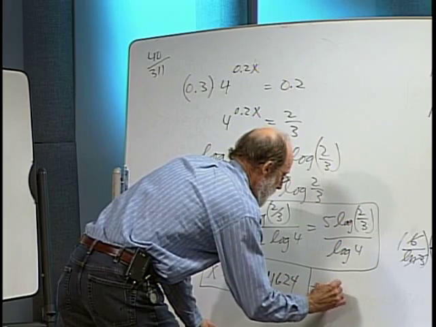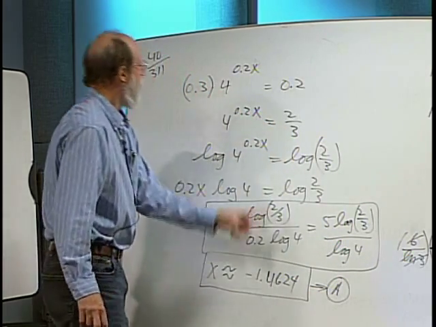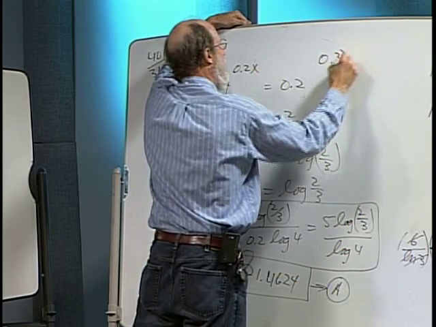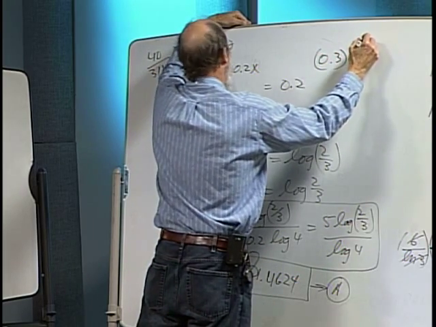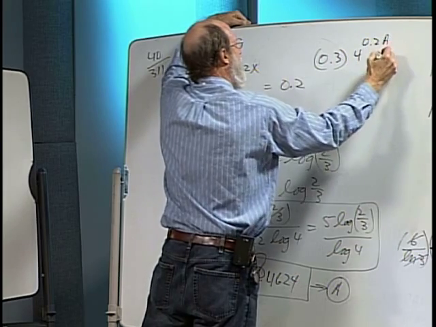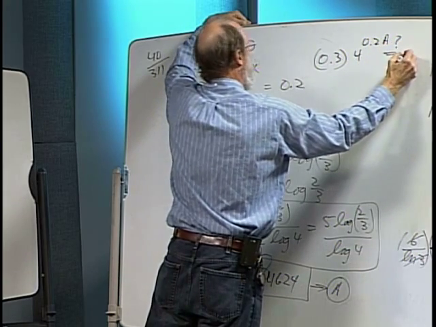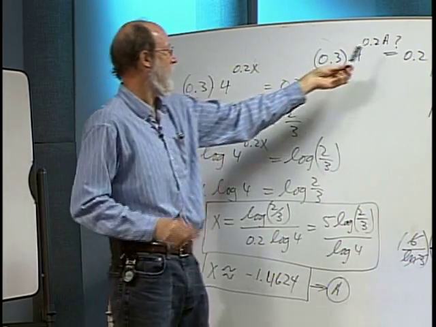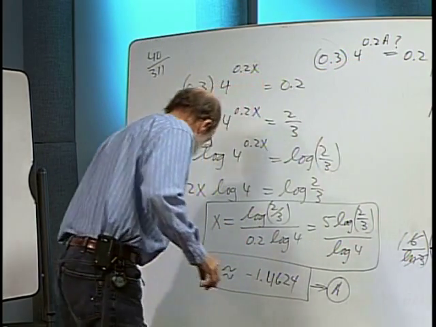Why don't I call it A for answer? And then we will test the original to see if 0.3 times 4 raised to the 0.2A, is that equal to 0.2? Notice the question mark over the equal sign.